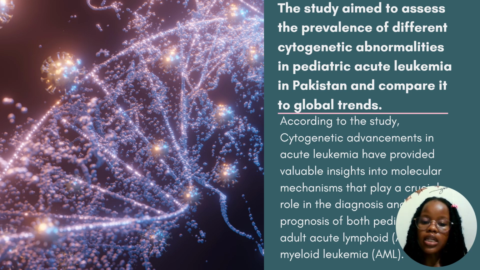And according to the study, cytogenetic advancements in acute leukemia have provided valuable insights into molecular mechanisms that play a crucial role in the diagnosis and prognosis of both the pediatric and adult acute lymphoid and the acute myeloid leukemia, AML. Thus, through this critic paper, we will weigh the strengths and the weaknesses of this study.